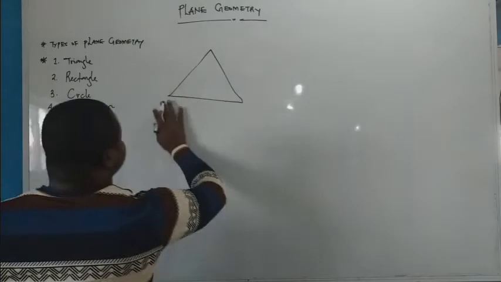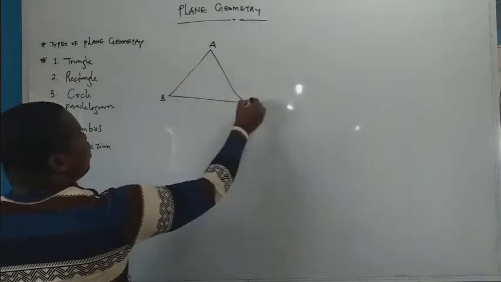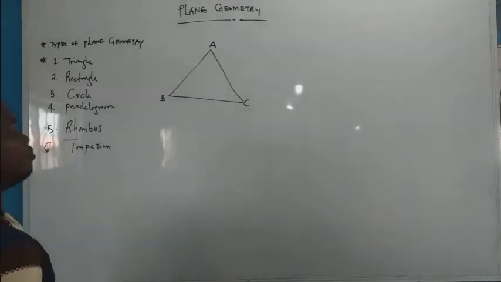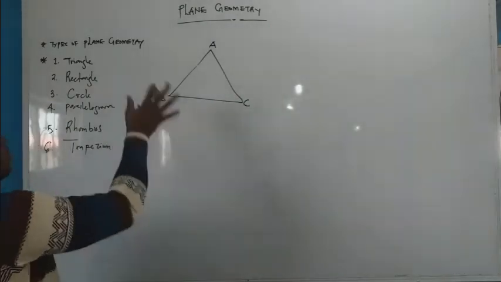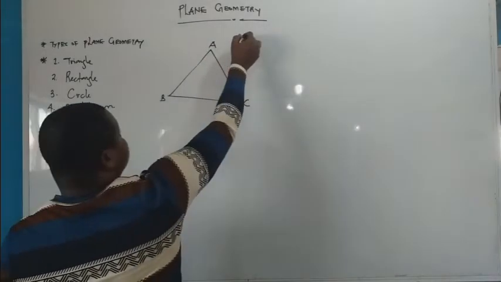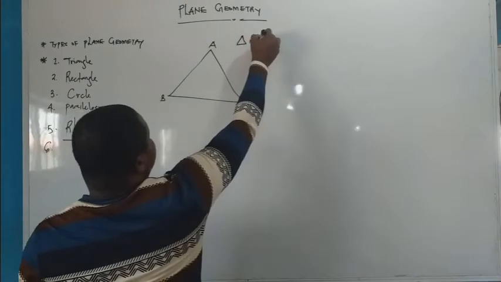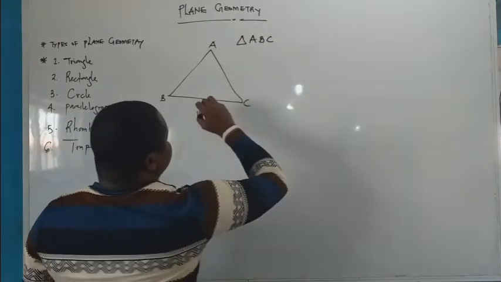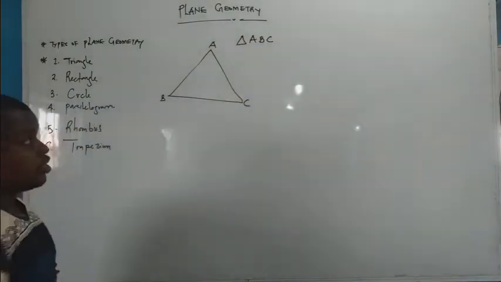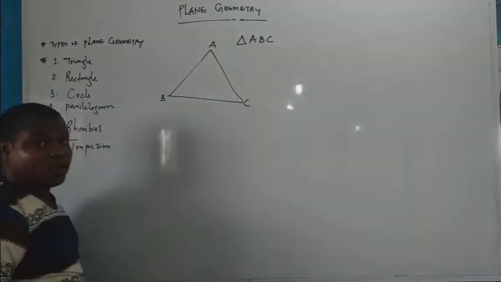Let's take this to be triangle A, B, and C. Whenever you want to represent a triangle in mathematical form, you can use a symbol that looks like a delta, then write ABC. Understand that this means triangle ABC.